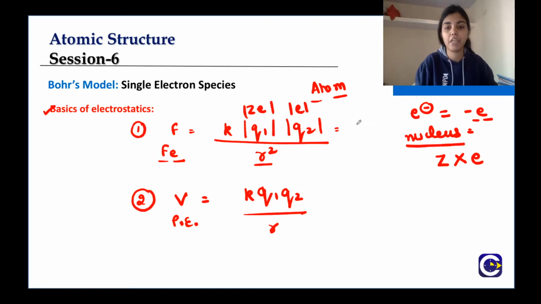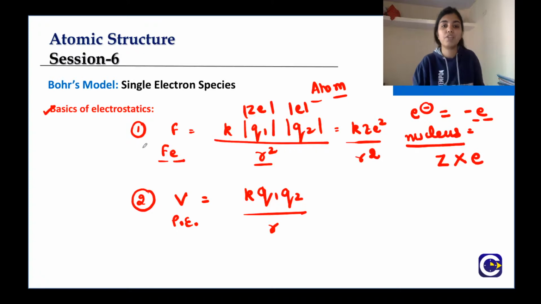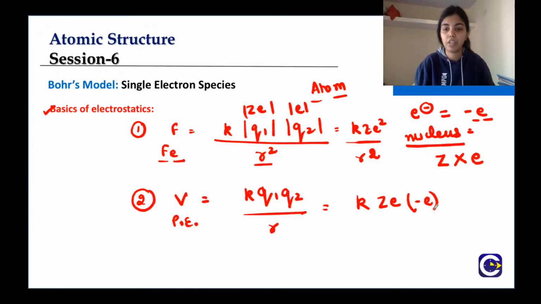So the final formula that we will be using for electrostatic force of attraction will become KZE square divided by R square, right? So this is the force, electrostatic force of attraction between the nucleus and the single electron which is present in our system. Now the second one, if you consider, again Q1 will be, let us say, for nucleus, and this will be for electron, Q2.